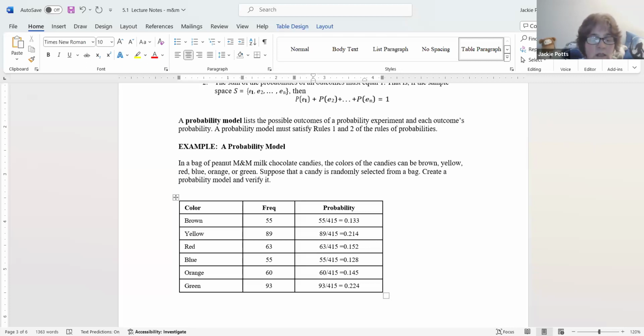We're not statisticians. All right: 224, 145, 128, 152. I'm double checking to make sure I keyed them in right. And 133. And guess what? I get 0.996. So that means I have to go back through and fudge that up.